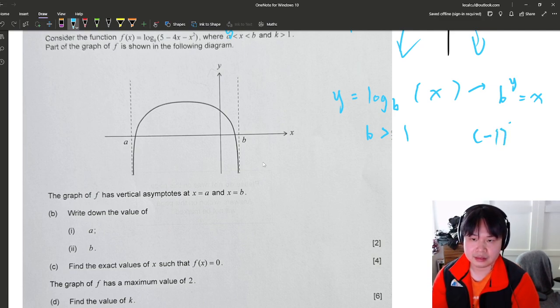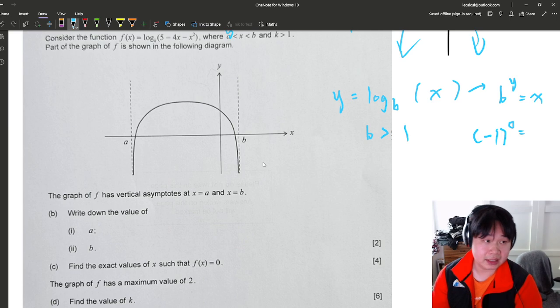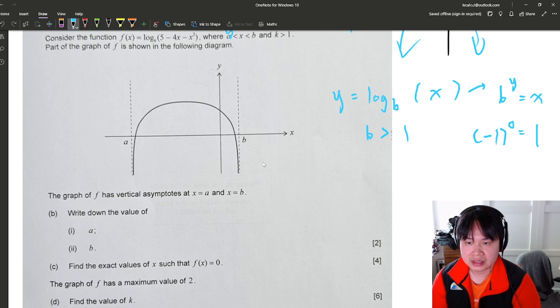Then we can just take even whole number integer powers. This is going to be +1. This is going to be -1. This is going to be +1.